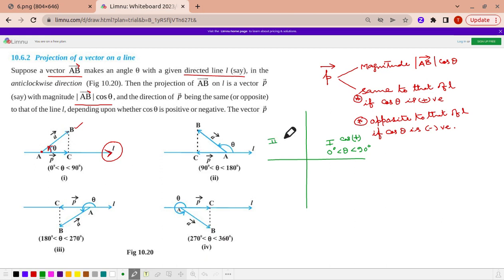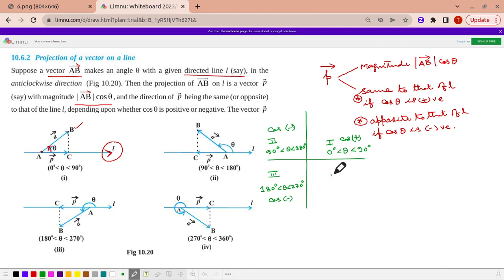In the second quadrant, theta is between 90 degree and 180 degree, so 90 degree less than theta less than 180 degree, and we know in the second quadrant cos is negative, correct? In the third quadrant, that means 180 degree less than theta less than 270 degree, cos is negative.